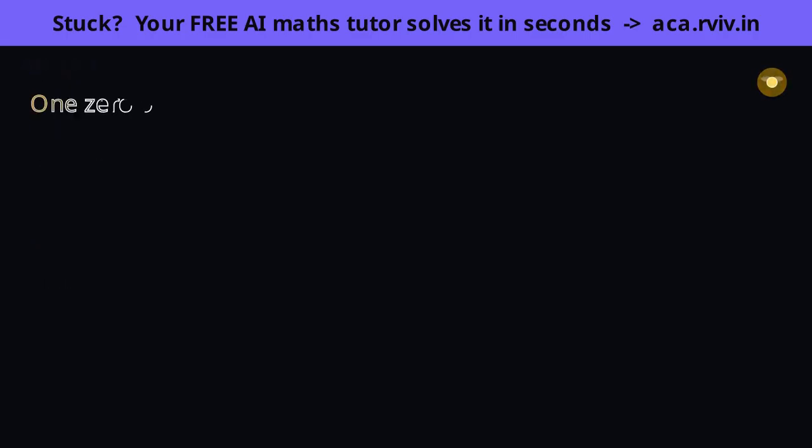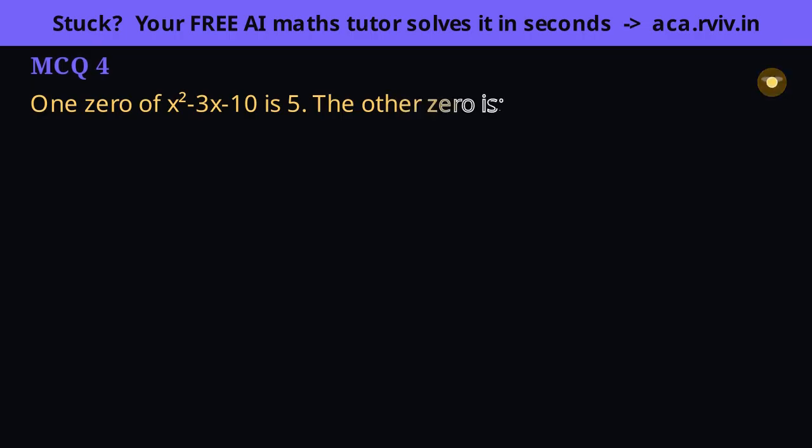Question 4. 1 zero of x squared minus 3x minus 10 is 5, and we need the other zero. Consider the 4 options. Here's the clever shortcut. Instead of refactoring, use the product relation. The product of the two zeros is c over a, which is minus 10. 1 zero is 5, so the other must be minus 10 divided by 5, which is minus 2.